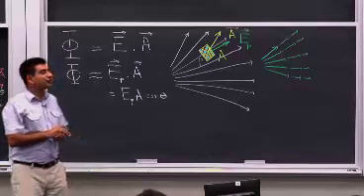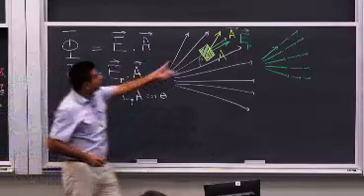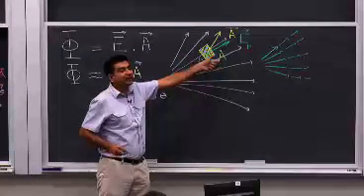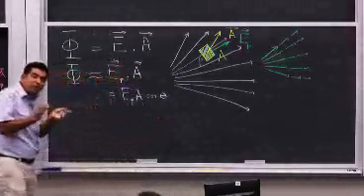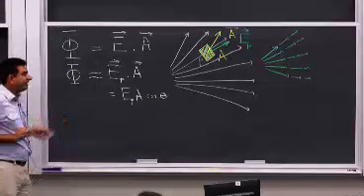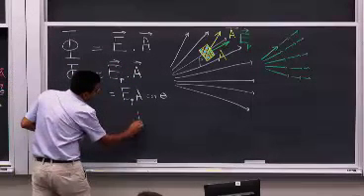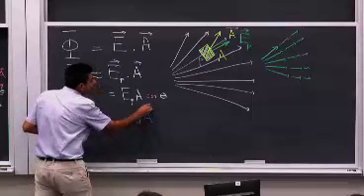Okay? So if I shrink this area, I would like to call it a small area, and the symbol for a small element is dA. But this is also a vector.